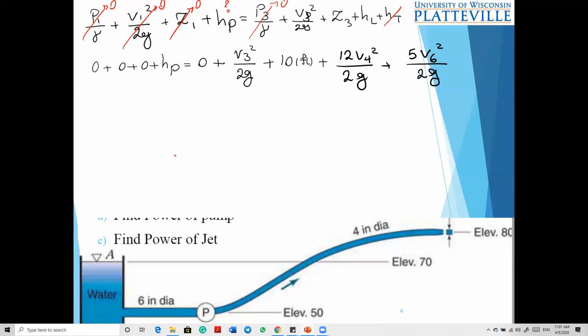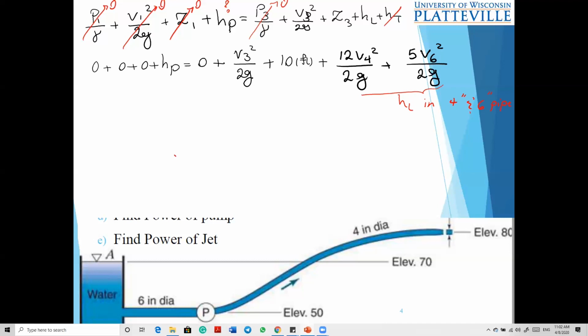So this is all the head loss, okay? This is the head loss in the 4-inch and 6-inch pipe. All right, so from here, if we solve, the only unknown we have is V3.